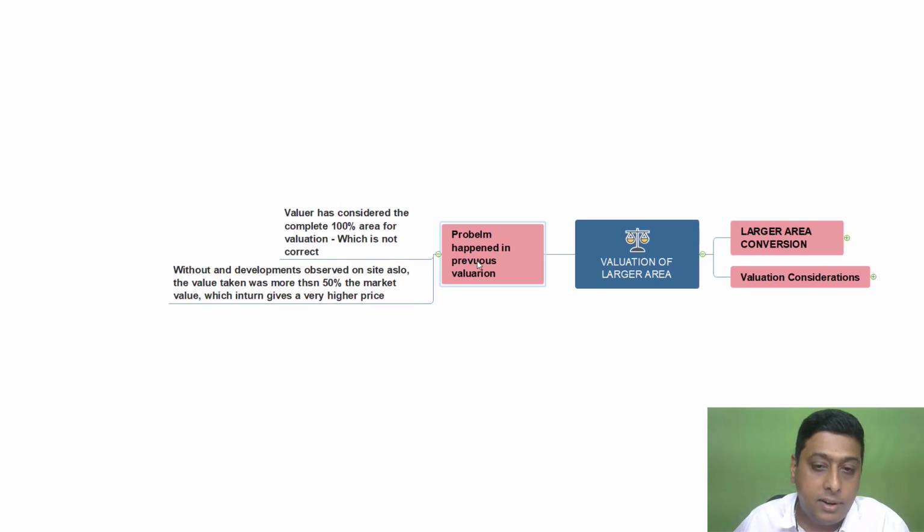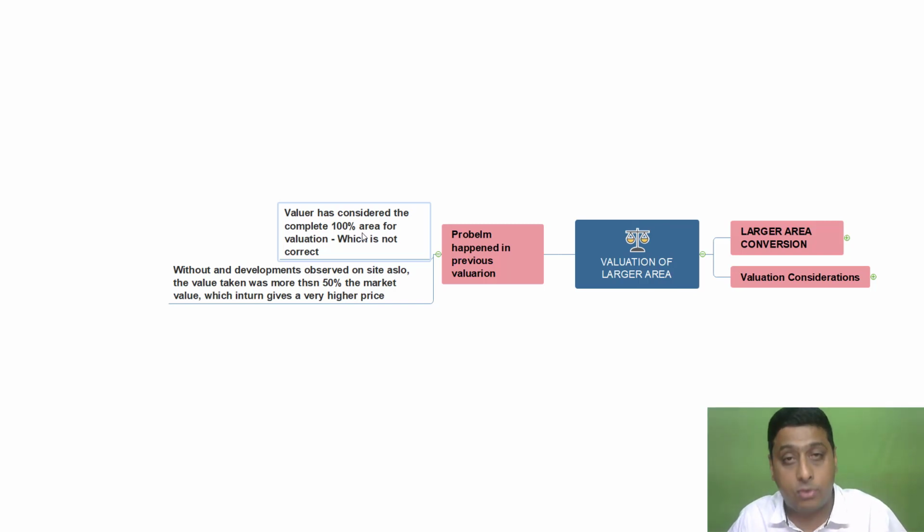The problem that happened in the previous valuation is that the valuer has considered the complete 100% area, which is not correct. For example, if the total area is 40,000 square feet and the value is 100 rupees, it will become 40 lakh rupees.